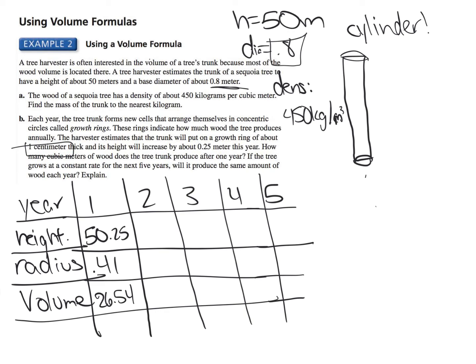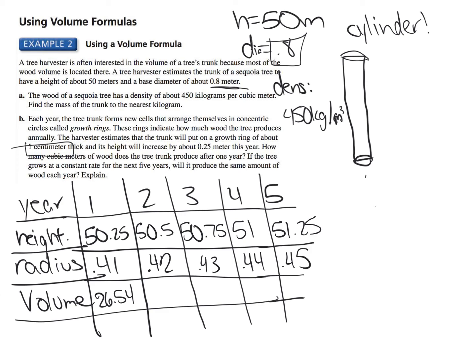Okay, so going up in years, 1, 2, 3, 4, 5, our height is going up 0.25 meters each time. So this is 50.5, 50.75, 51, and then 51.25. Our radius goes up 0.01 each time, so now we're at 0.42, 0.43, 0.44, and 0.45.